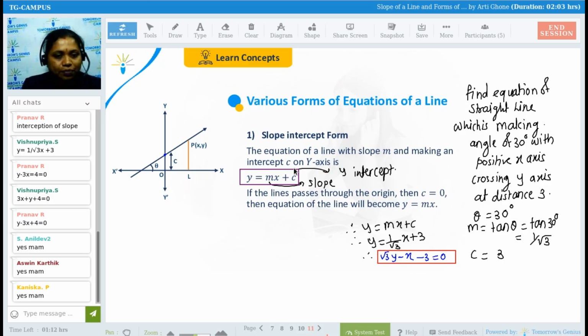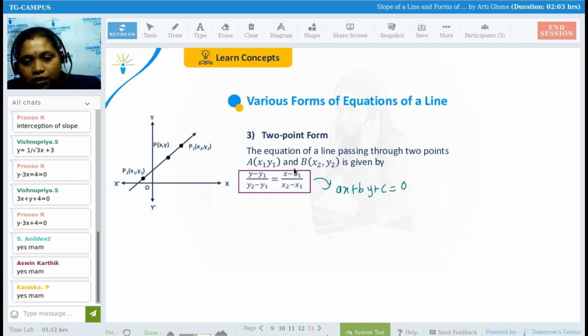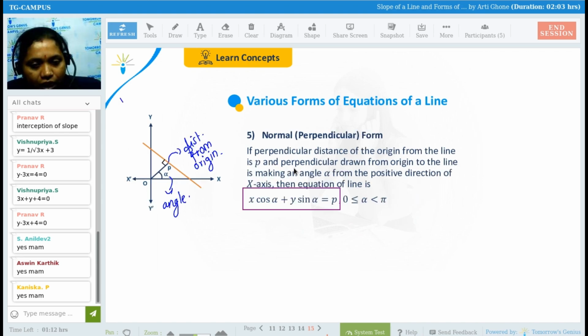First form is slope intercept form, y is equal to mx plus c. Second form is slope point form, y minus y1 is equal to m into x minus x1. Third form is two-point form, y minus y1 upon y2 minus y1 is equal to x minus x1 upon x2 minus x1. Fourth form is double intercept form, it is not intercept form, it is double intercept form, x by a plus y by b is equal to 1.